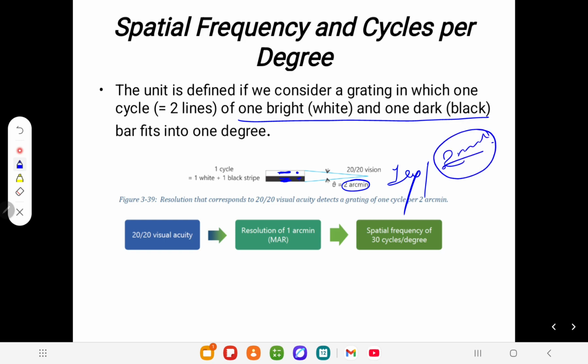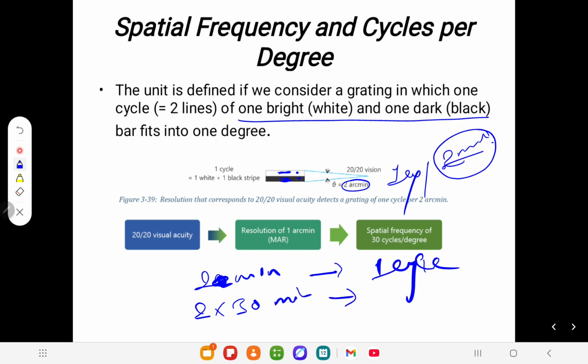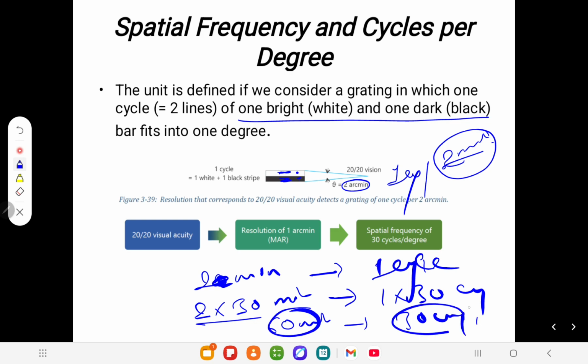Just remember, 2 minutes of arc is one cycle. Just do the unitary method. What if 2 into 30 minutes of arc is equal to 1 into 30 cycles? 2 into 30 means 60 minutes of arc, which means 30 cycles. 60 minutes of arc is 1 degree, which corresponds to 30 cycles.